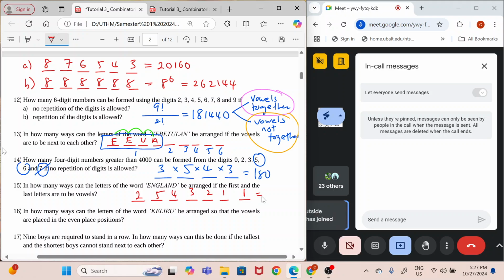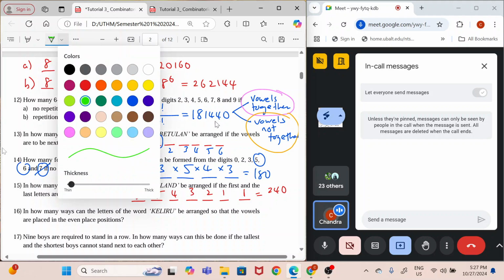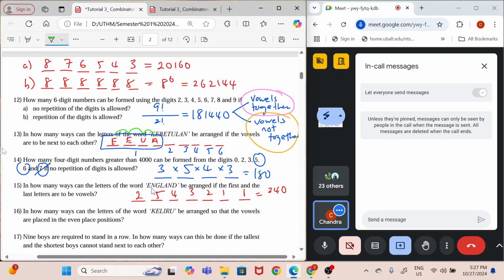You get 240. But remember, are any same letters there? N. Okay, there are 2 N. So divide by 2 factorial, you get 120. That is the answer. Whenever you see same letter, same number, same books, similar items, you divide by that factorial.